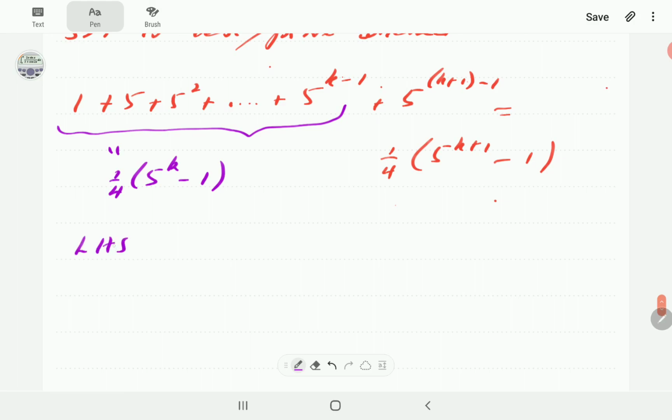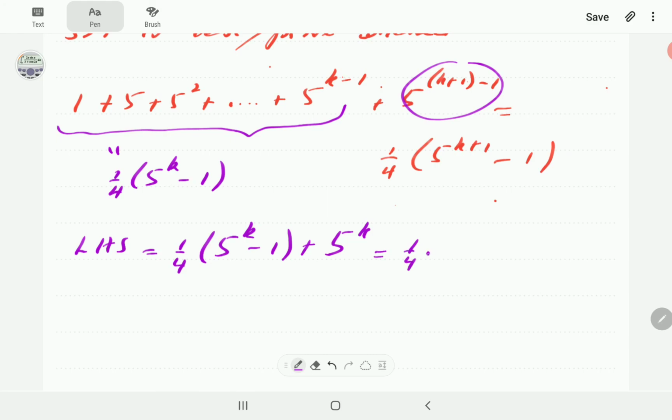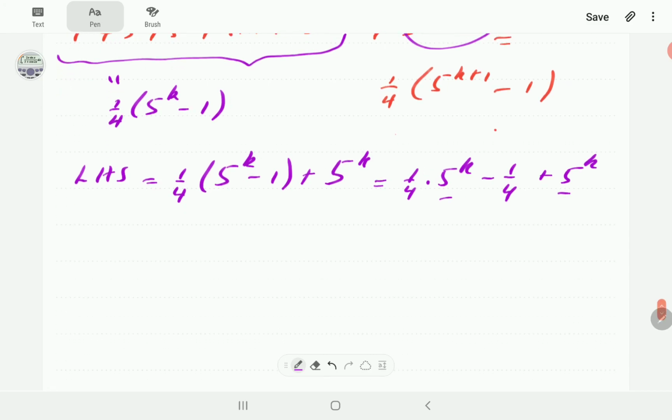So the left hand side is going to be 1 over 4, 5 to the power k minus 1, plus this one simplifies to 5 to the power k. If I remove brackets, it's going to be 1 over 4, 5 to the power k minus 1 over 4 plus 5 to the power k. These two terms here have got a common factor.